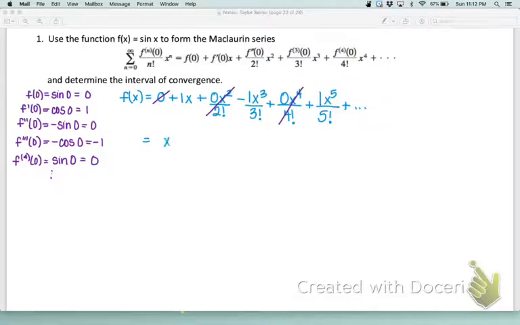So now we have x, the next one is minus x to the 3rd over 3 factorial plus x to the 5th over 5 factorial. The next one, if we were to extend the pattern, would be minus x to the 7 over 7 factorial plus dot, dot, dot. Now, we need to figure out the general term in this series.